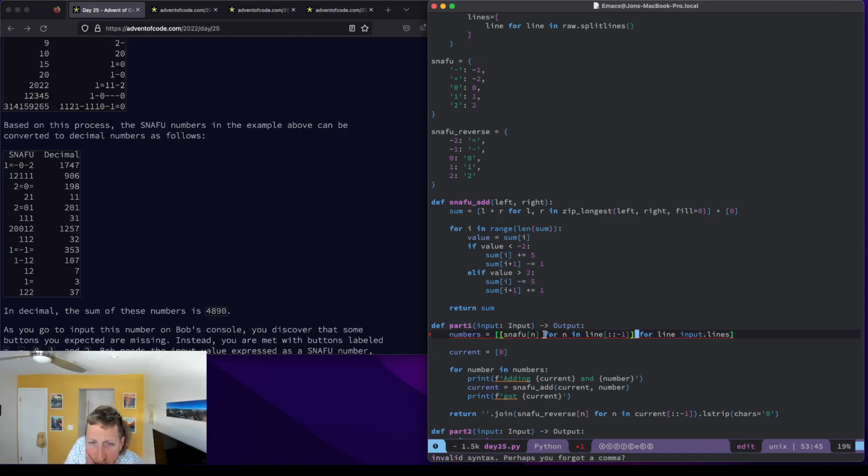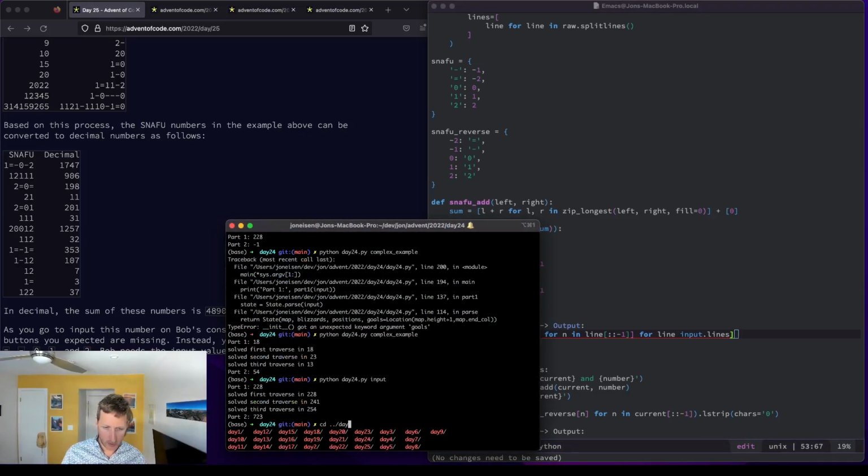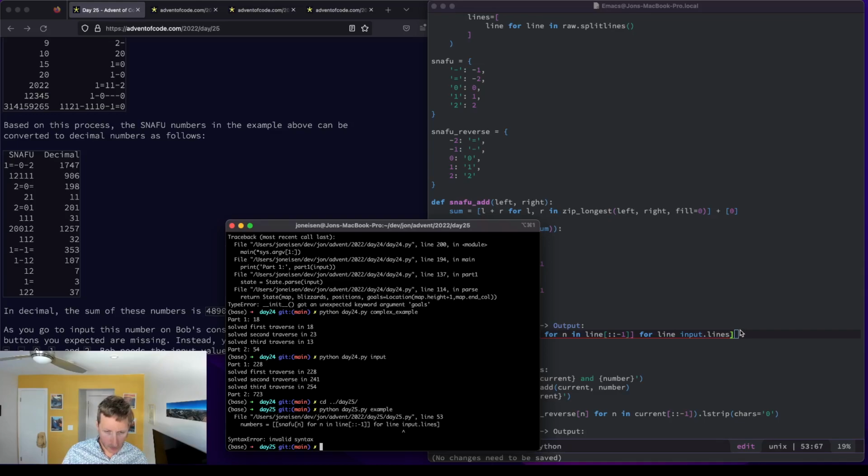Why is this invalid syntax? I don't understand why this is invalid syntax. Oh.